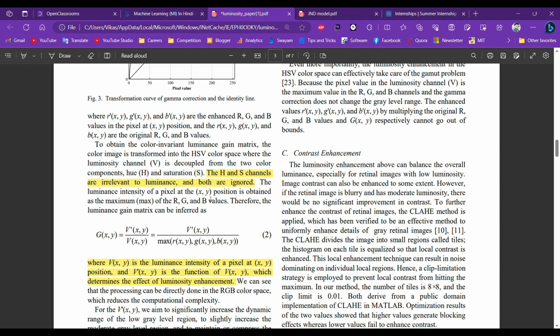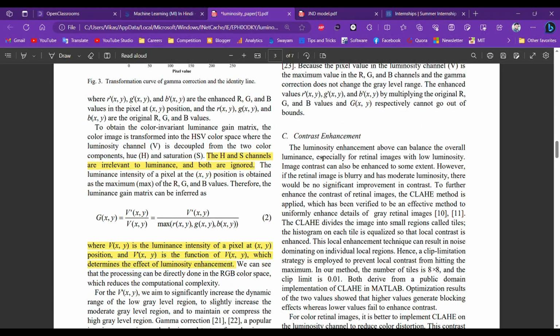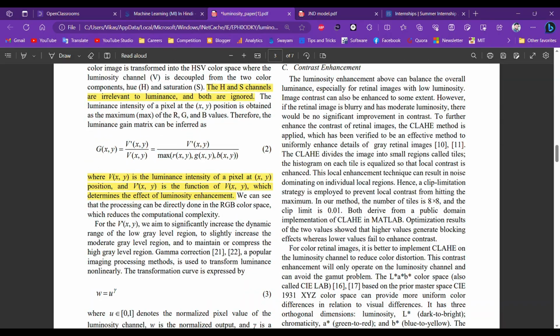H and S channels are irrelevant to luminance and both are ignored, whereas the V channel is the luminance intensity of the pixel at position X, Y, the coordinate value of that image, which determines the effect of luminosity enhancement. And this is the contrast enhancement description used in this paper.